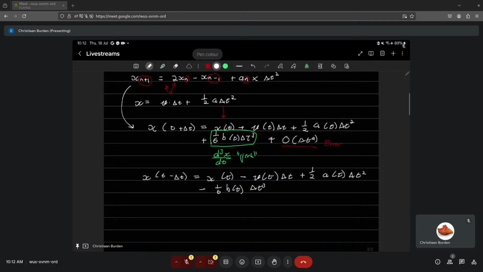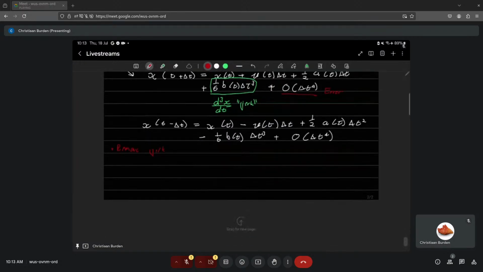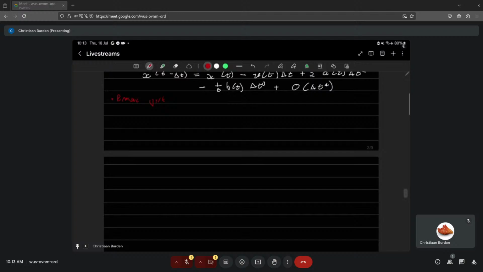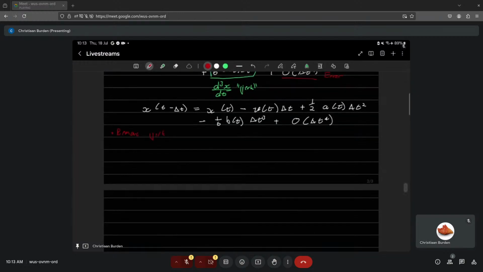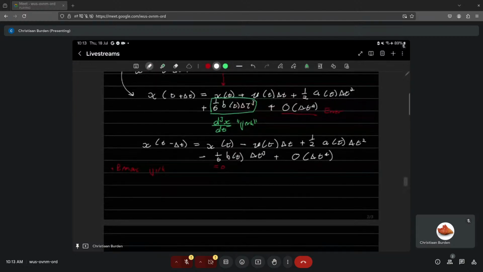Okay. Oh, don't forget the error, delta t to the fourth. There we go. Since we're not going to use the jerk term, we're just going to remove it. Anyway, if you do what we're going to do next, you can basically ignore this. We will just assume this is equal to 0. But I mean, just wait and see.